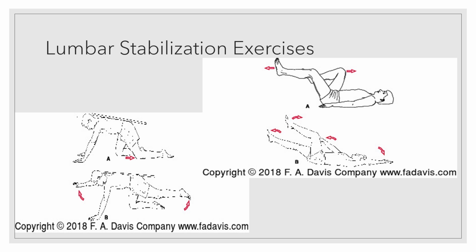What we see the patient doing here are our bird dogs, and I may have called the other ones bird dogs. Either way, we've got dead bugs on your back and bird dogs on your hands and knees. Bird dogs are performed in quadruped with the same goal of providing a dynamic challenge to the trunk through those alternating arm and leg movements.